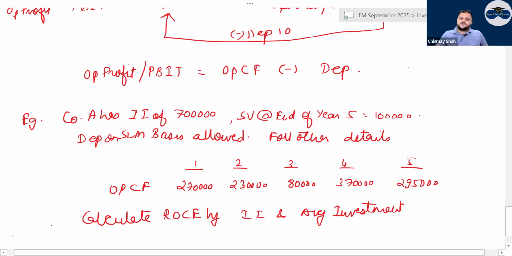Now tell me, how will you go from cash flow to PBIT? Depreciation will be added, right? No sir. How do you go to PBIT?